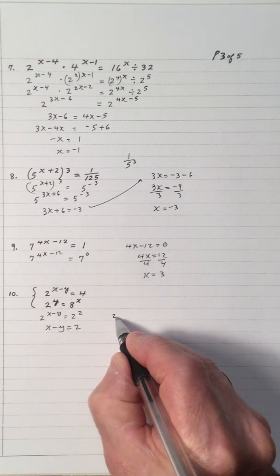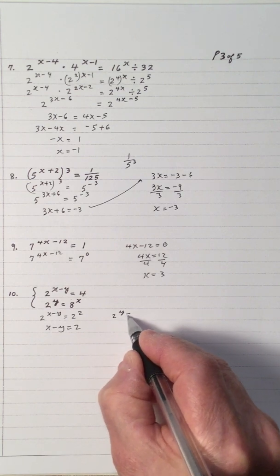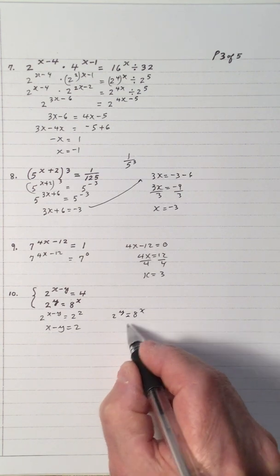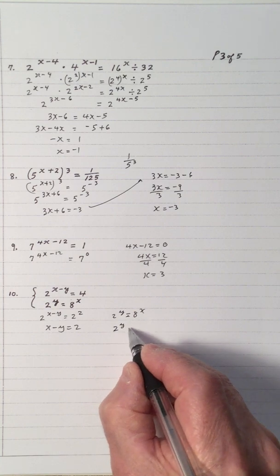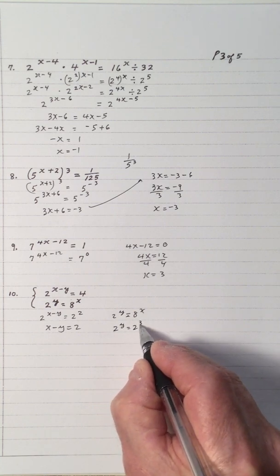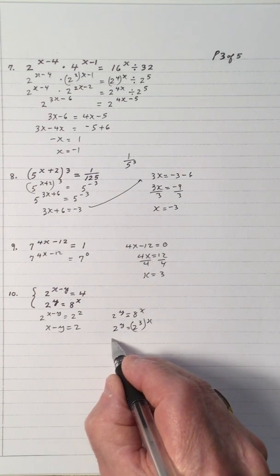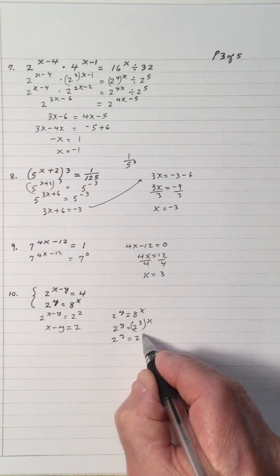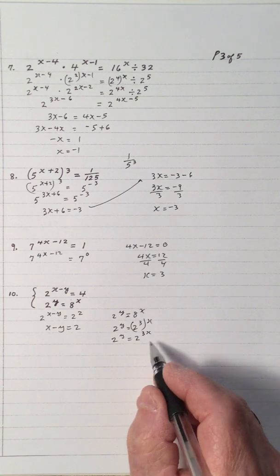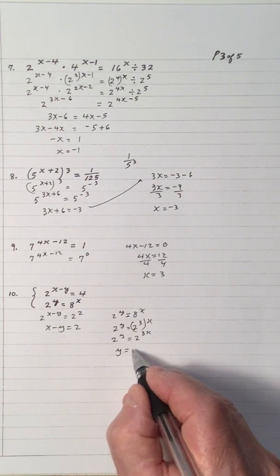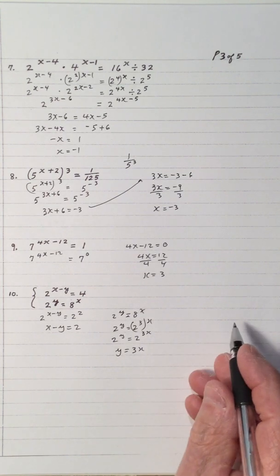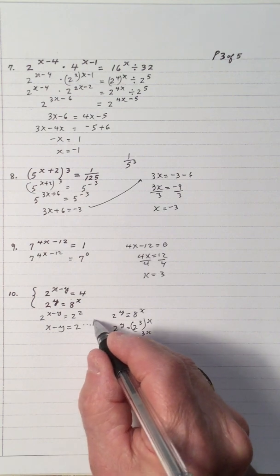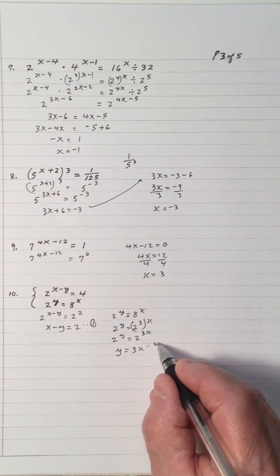Now we have the second equation. 2 to the y equals 8. Again, the base is 2, so 8 is 2 cubed. So 2 to the y equals, that's a power of a power, so that's 2 to the 3x, we multiply. So that means y is equal to 3x. If we call this the first equation, we can call this the second one.